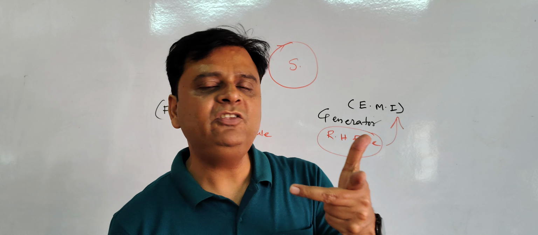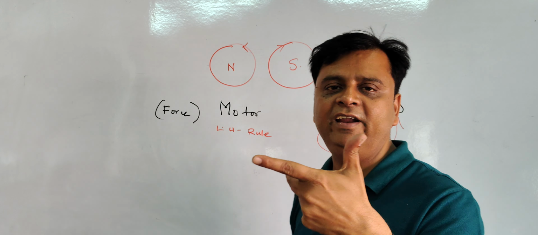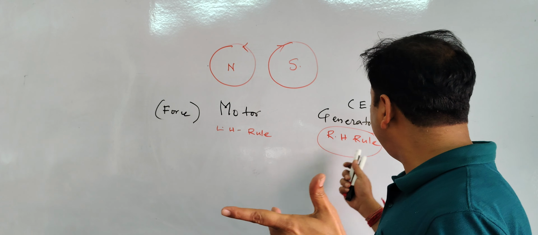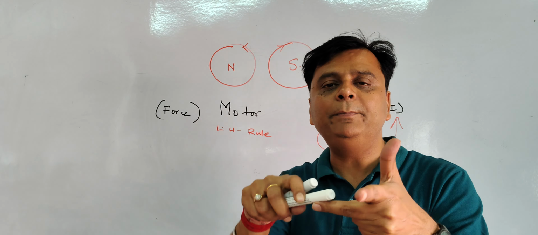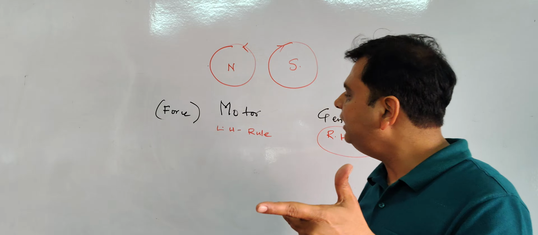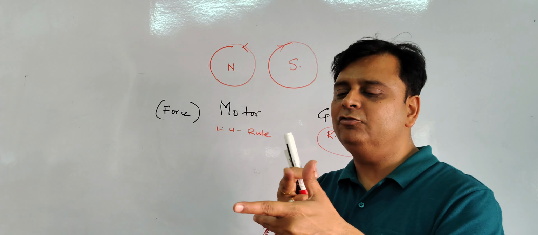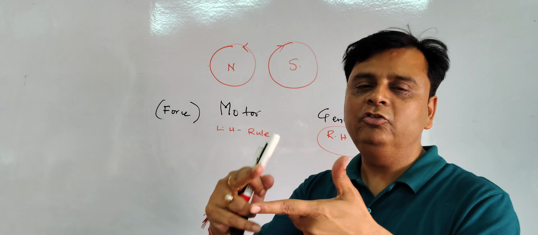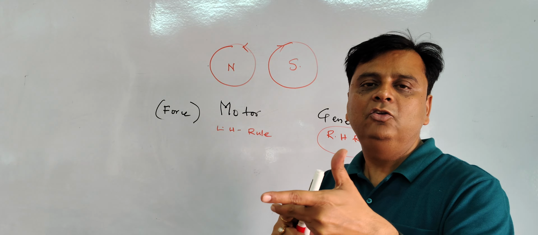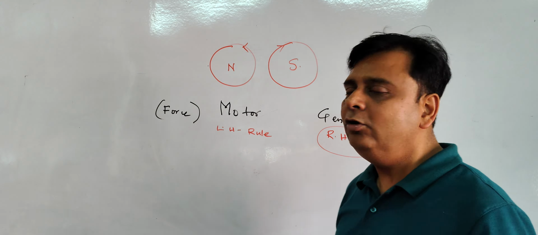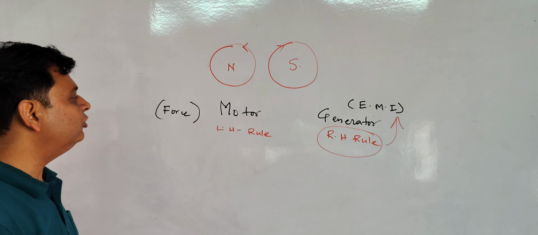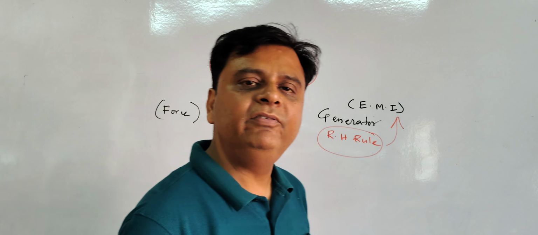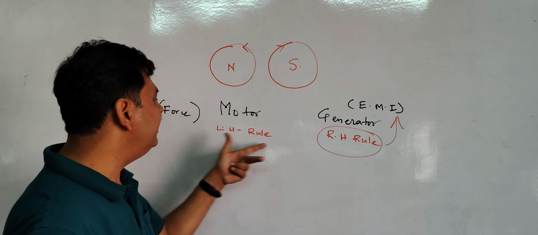According to Fleming's left hand rule, remember, whether it is the right hand rule or the left hand rule, all the fingers are mutually perpendicular to each other. In the case of the left hand rule, this shows the force, this is of course the magnetic field, and this is the current. Whenever you want to find the direction of the current or magnetic field in such a case, you can use the left hand rule.